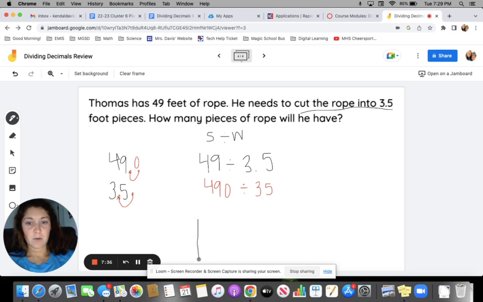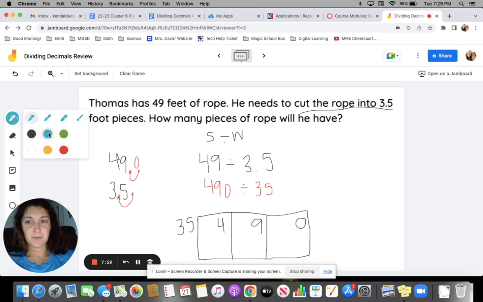So I am going to set up here. I need 3 boxes, 4, 9, and 0. I have 35 on the outside, and now I'm ready to divide. Can 35 go into 4?